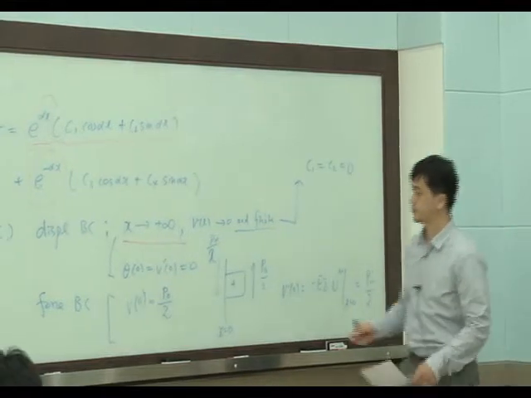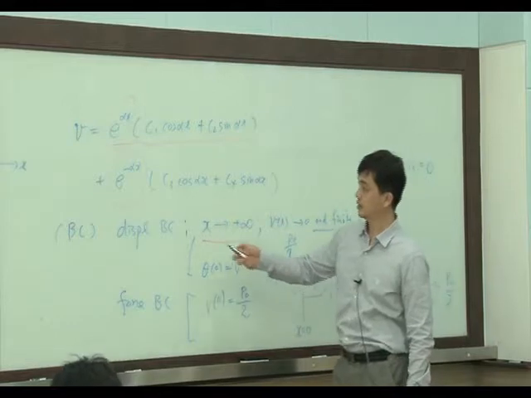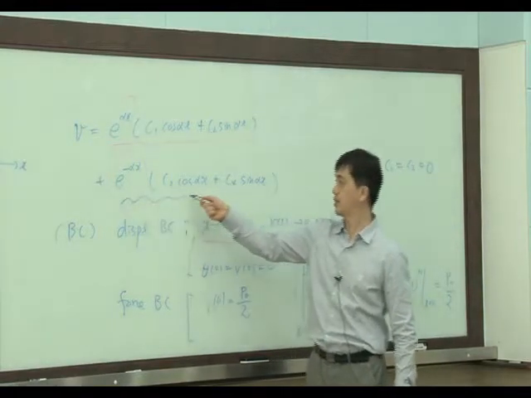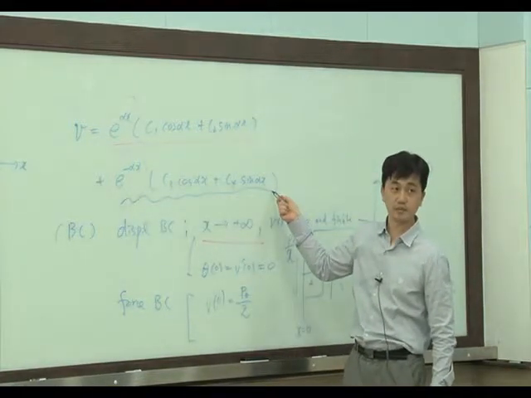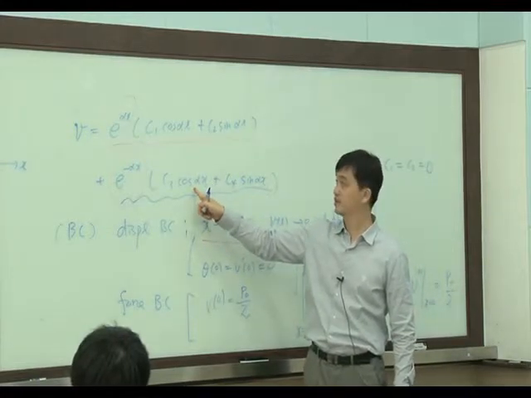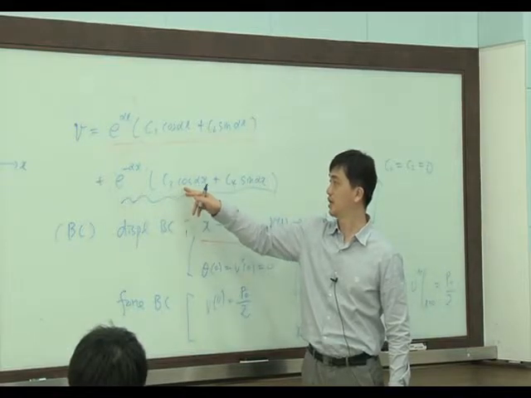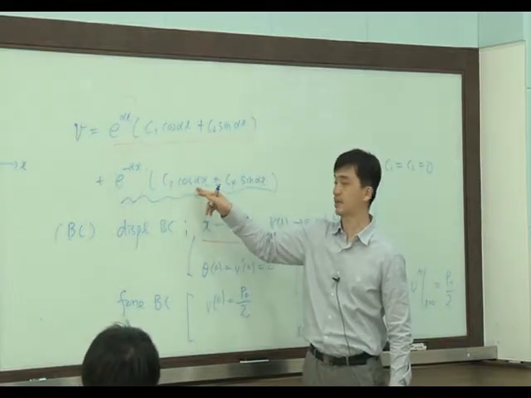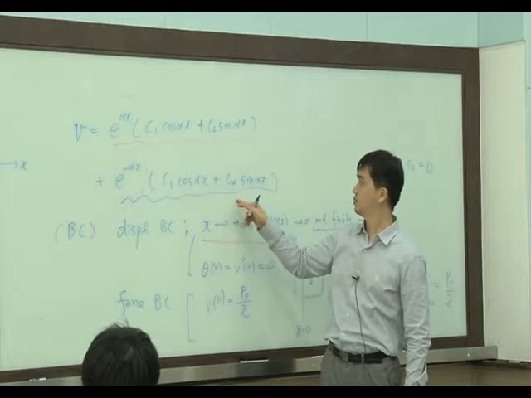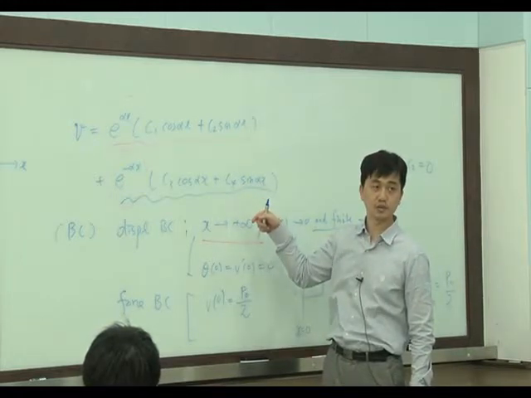And then, let's consider the next boundary condition. Let's take the derivative of this term about x. Then here, minus sine alpha x here, C4 cosine alpha x, and then put x equals 0.